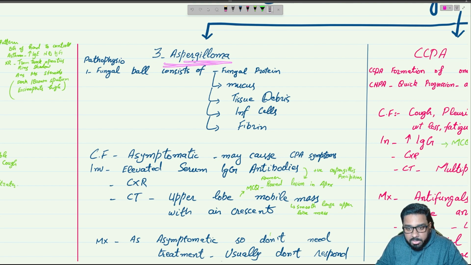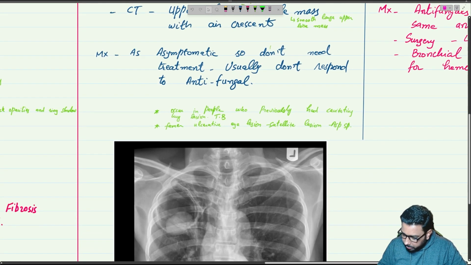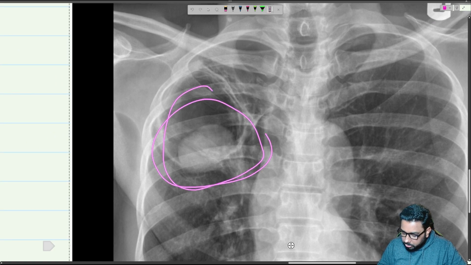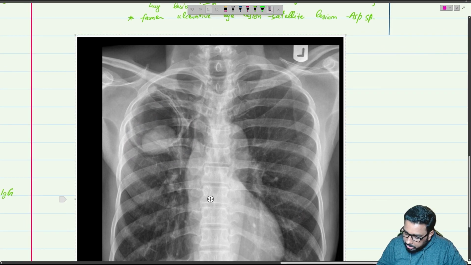Because they are confined to the same area, they will appear as a ball on the chest x-ray, and that fungal ball will consist of protein, mucus, tissue debris, infectious cells, and fibrin. So on the chest x-ray we can see here, it will appear as a ball, and usually the ball is present in the upper zone.